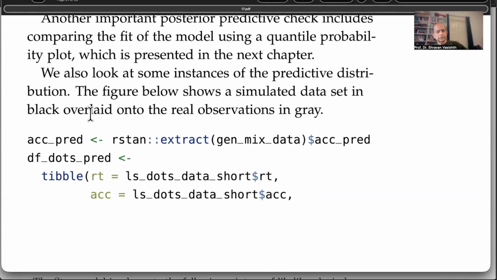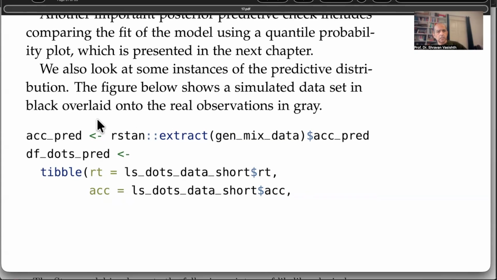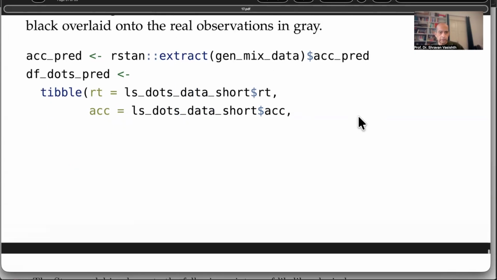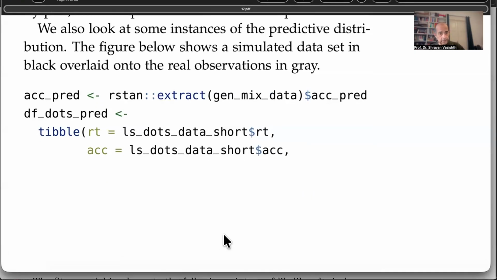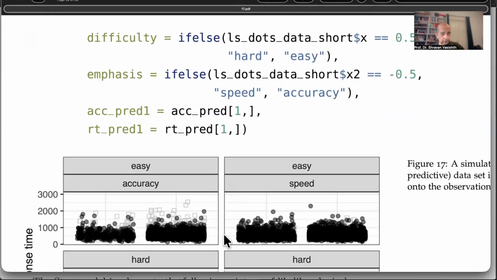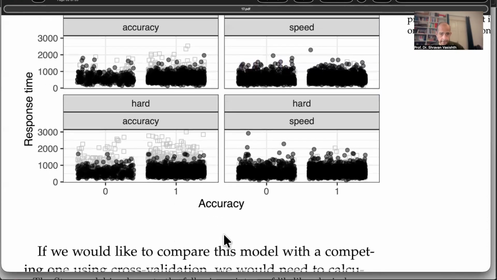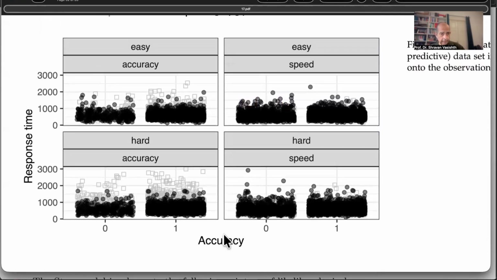You can also look at some specific details about the posterior predictive distribution. The next figure shows a simulated data set in black overlaid with the real observations. Again, we're extracting the predicted accuracies and comparing them with the observed reaction times and accuracy.